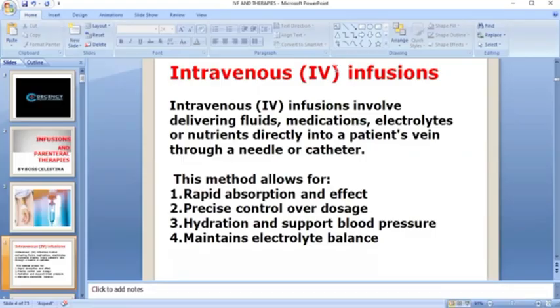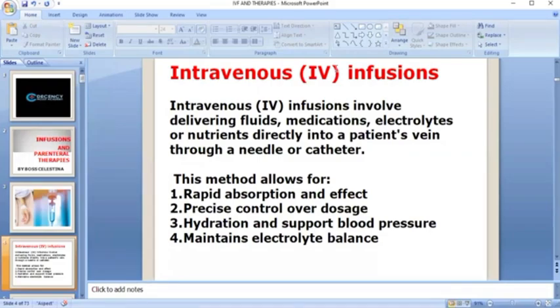They are liquids or fluids given to clients via their veins, intravenously, either through a needle or a catheter. These fluids can be medication, electrolytes, or nutrients.